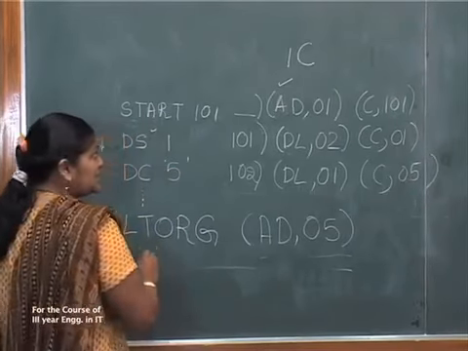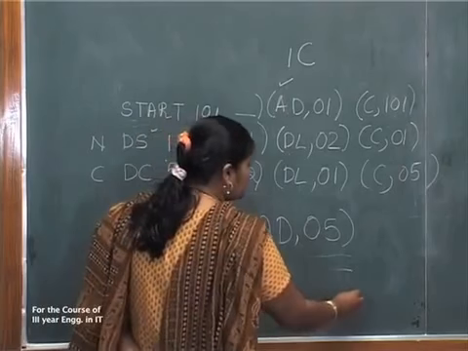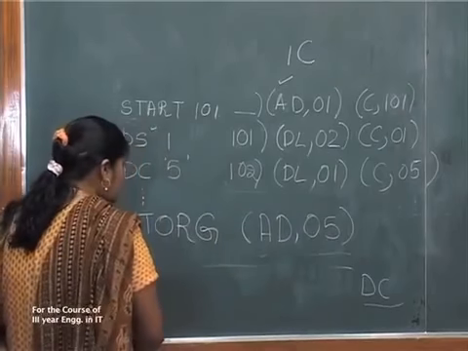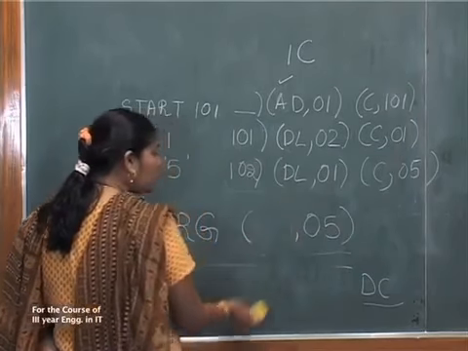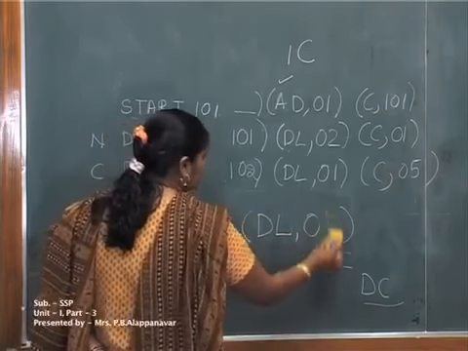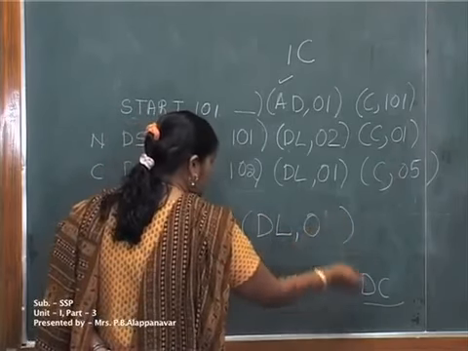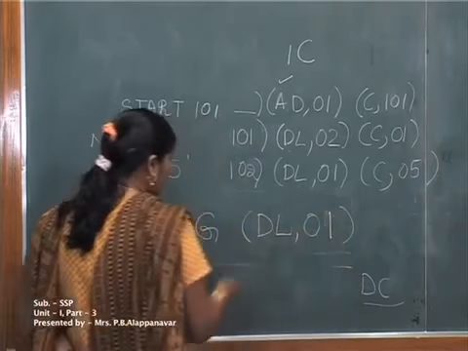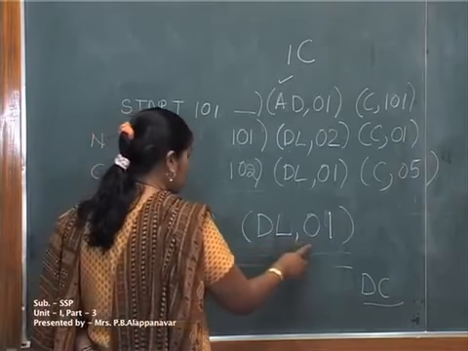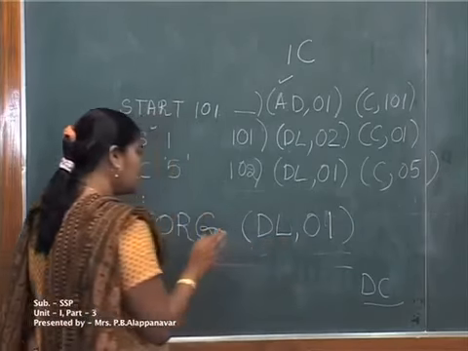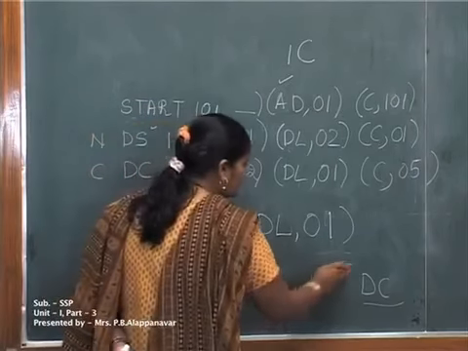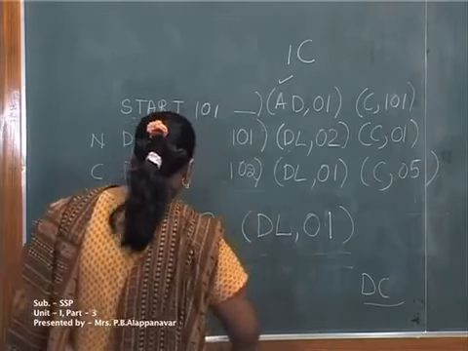Now since literals are treated as statements of DC form, which we studied in the previous class, in the intermediate code form we do not write an assembler directive, we write them as declaration statements, and it happens to be DL, 01. That is why for LTORG the intermediate code is DL, 01, because all literals in our program are treated as equivalent.